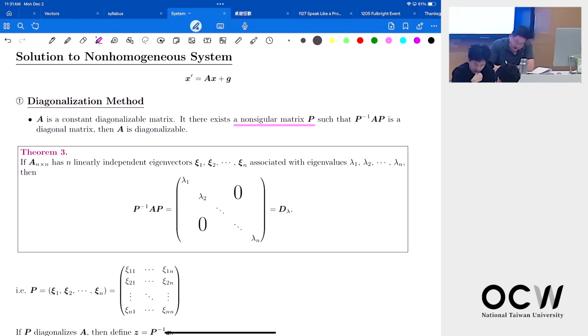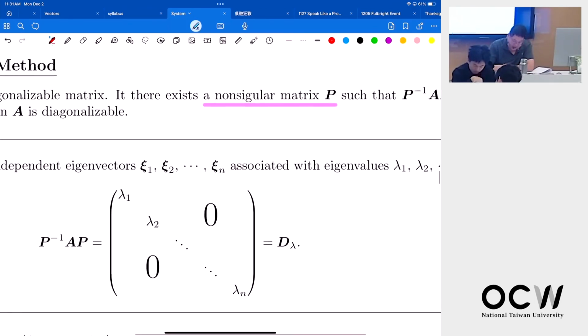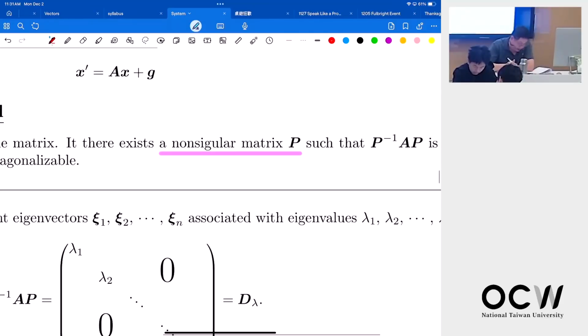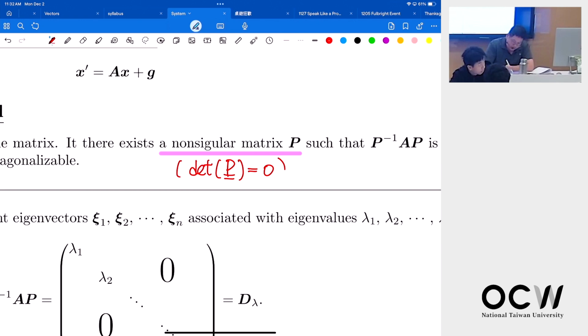When you see that it is a non-singular matrix, that means the determinant of this matrix P is what? Equal to 0 or not equal to 0? If it is non-singular, it should be not equal to 0.